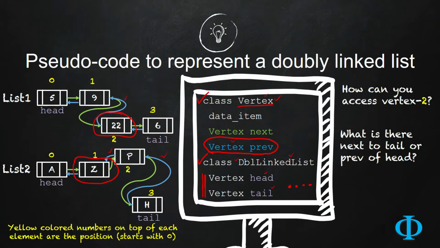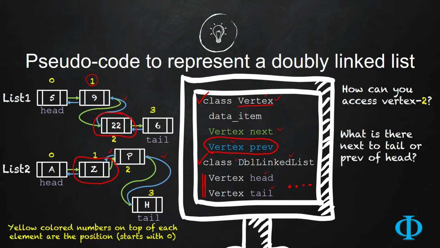So everything else remains the same as the linked list. If you want to access the node represented with 1, you can access it with head.next, or any operation related to the next link remains the same as your singly linked list or the normal linked list.